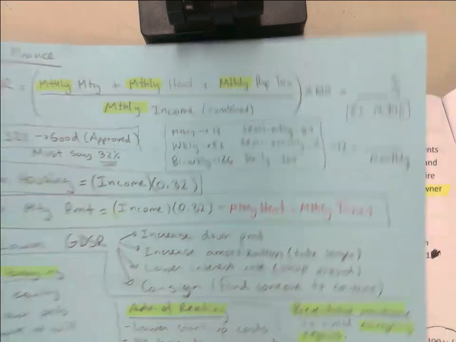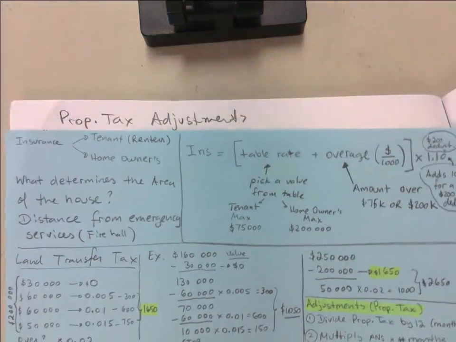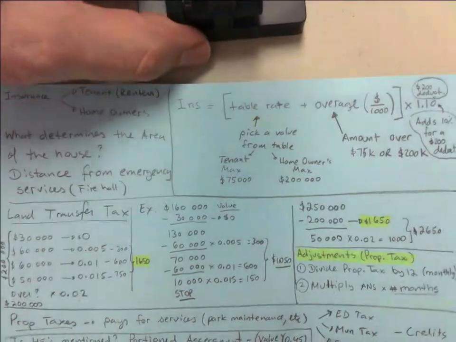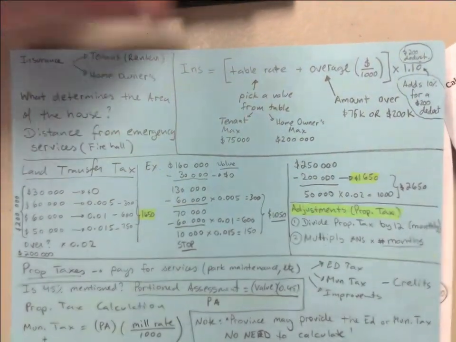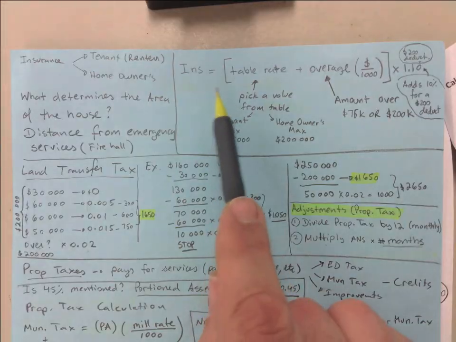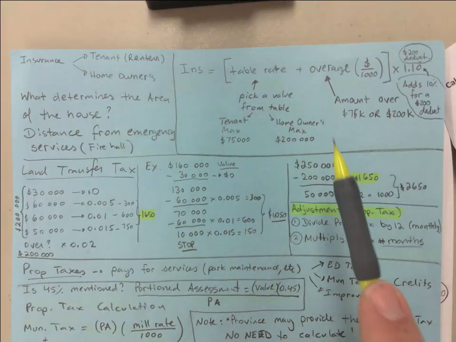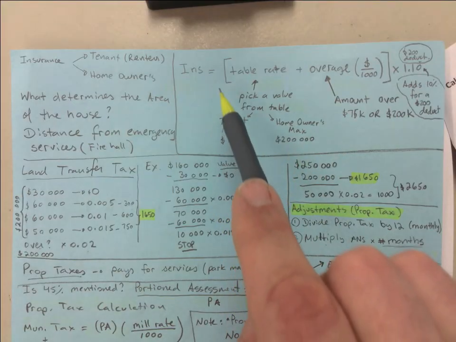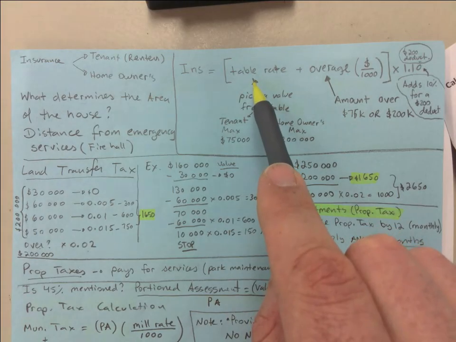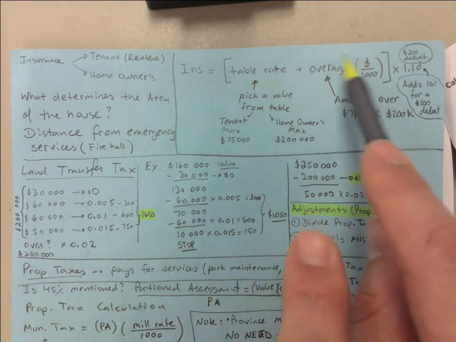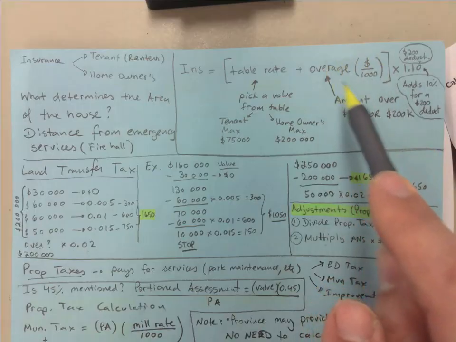Let's go to the back side of my study sheet. I have some insurance here. This is the master formula. When it's tenant insurance, if you go over 75,000, you're gonna have to activate this one.